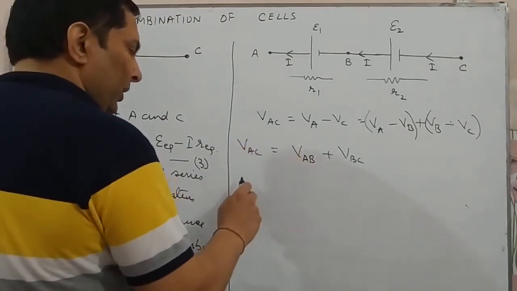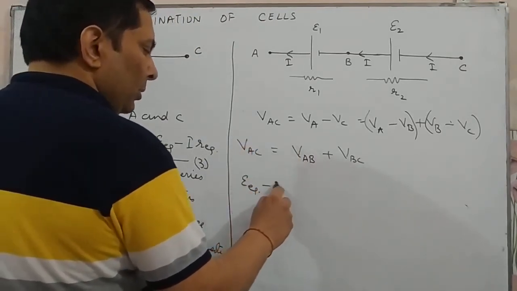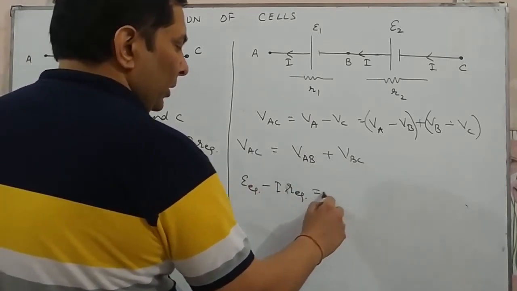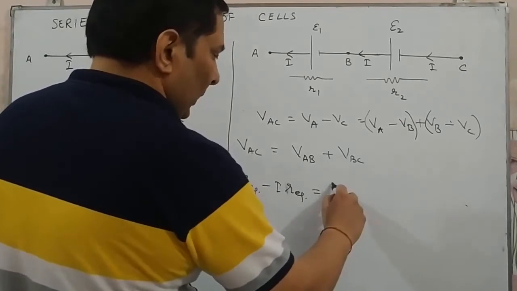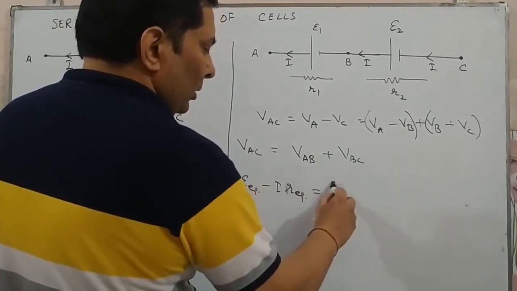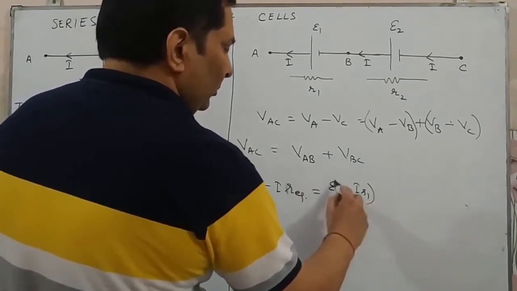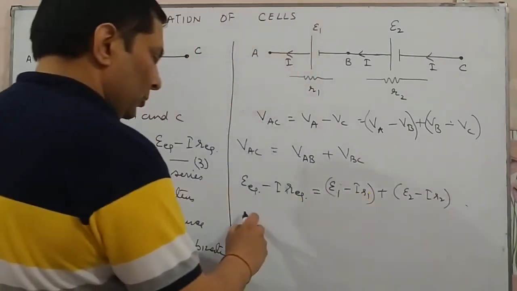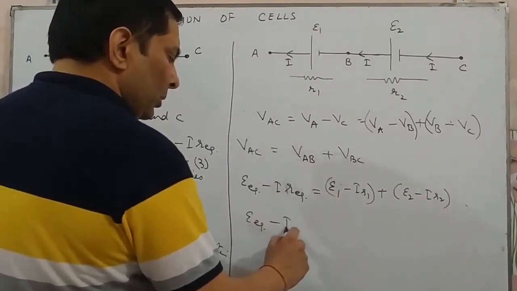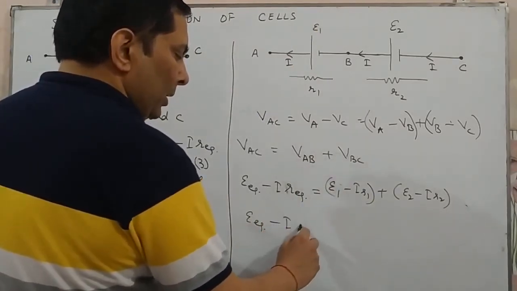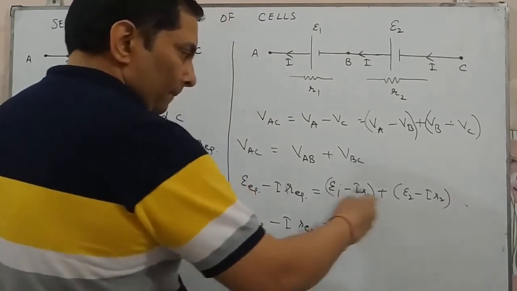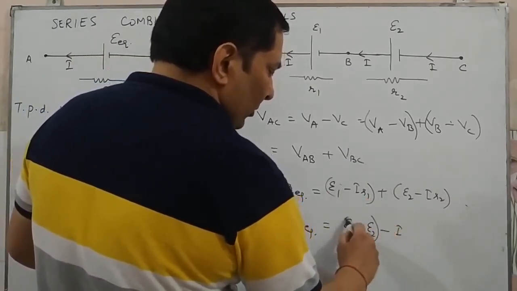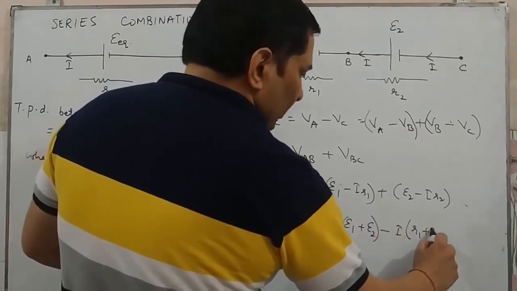Now put the values. This is E equivalent minus I R equivalent equals E1 minus I R1 plus E2 minus I R2. This can be rearranged as E1 plus E2 minus I, taking I as common, times R1 plus R2.